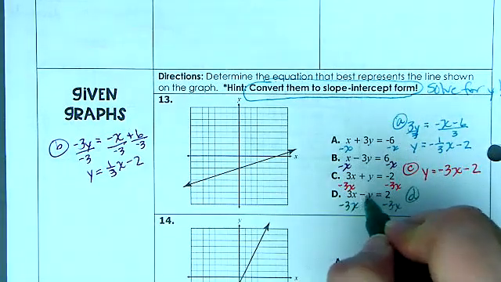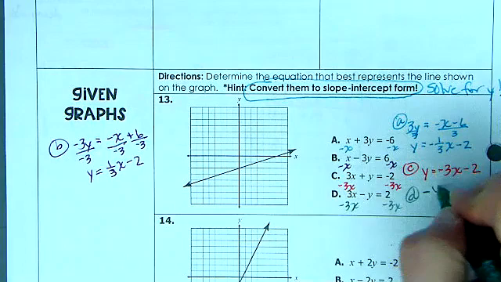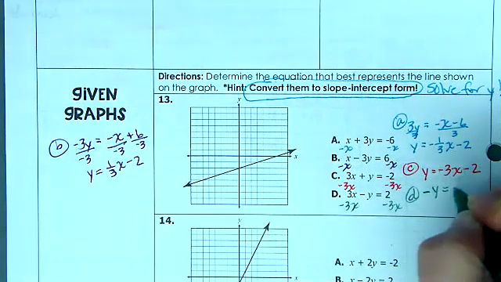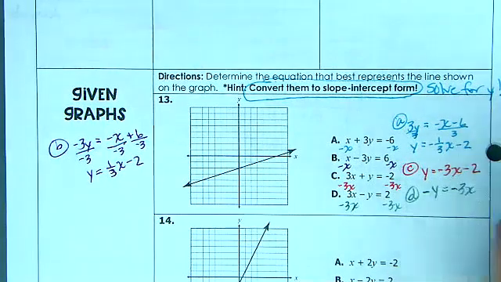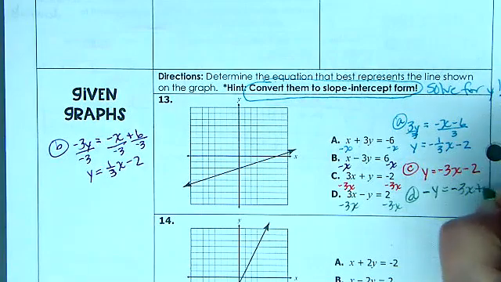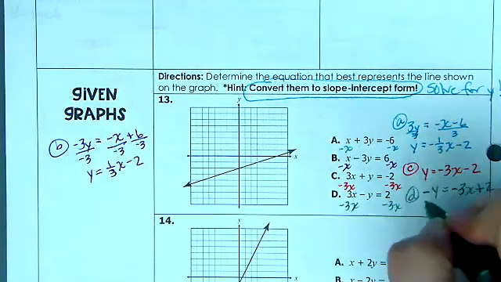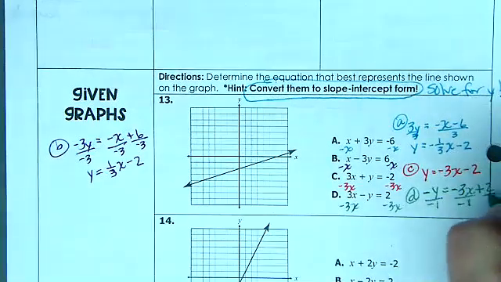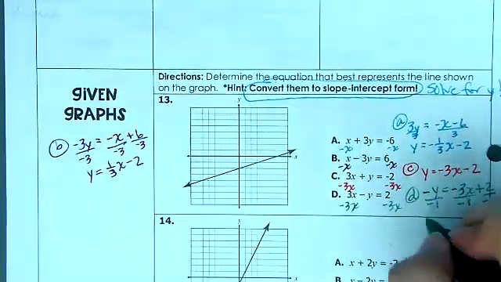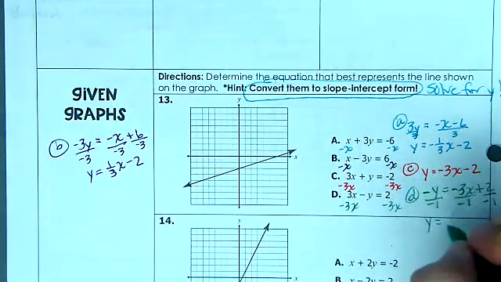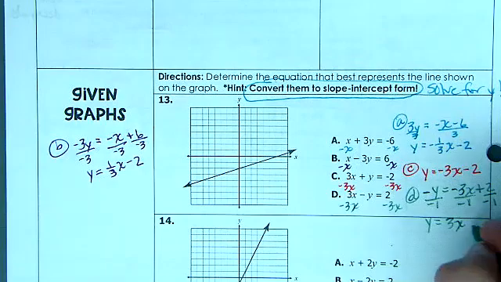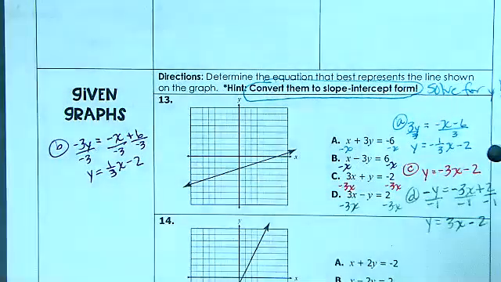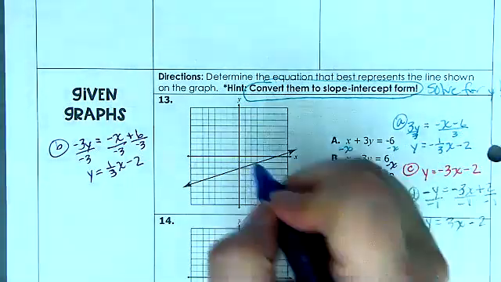That's a minus y, so that means this is going to be a negative y. The y is not by itself yet. Minus 3x plus 2. To divide everything by a negative 1, which is going to give me y equals 3x minus 2. And now we've got to figure out which one is the correct answer by looking here.